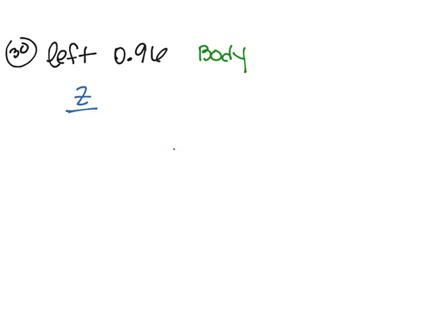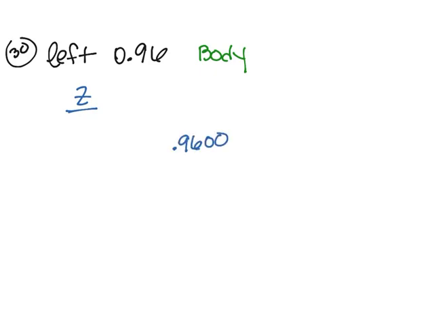30. Find the z-score for which the area under the standard curve to its left is 0.96. So y'all do know that's a what measurement? It's a body, right? And so you're going to look under the body column for 0.96.